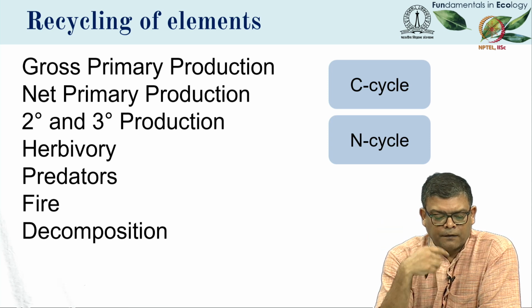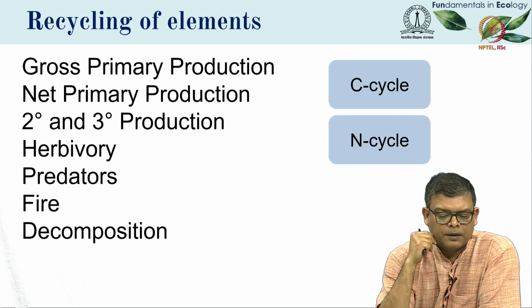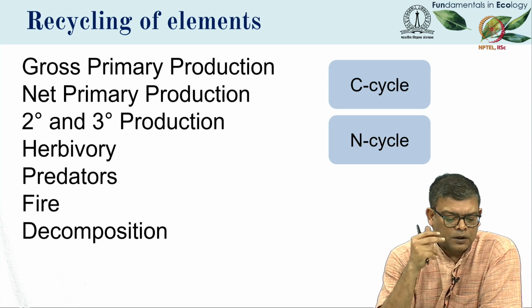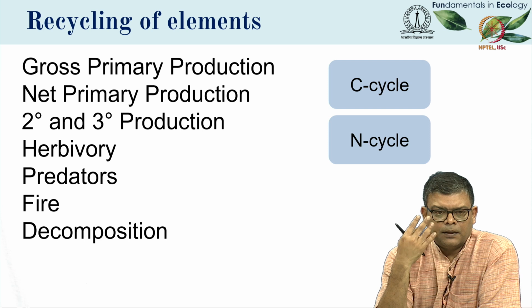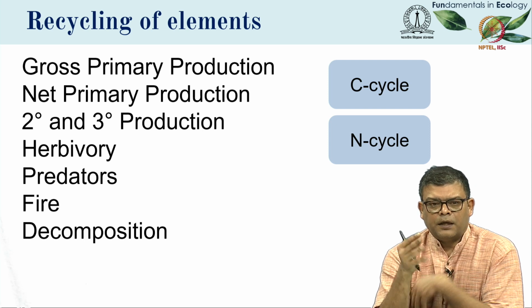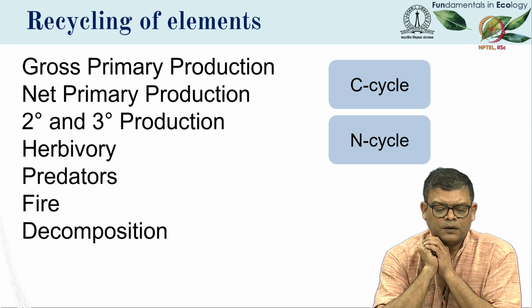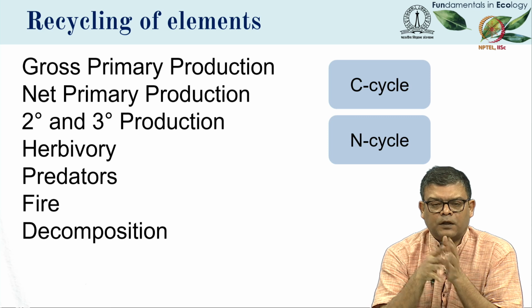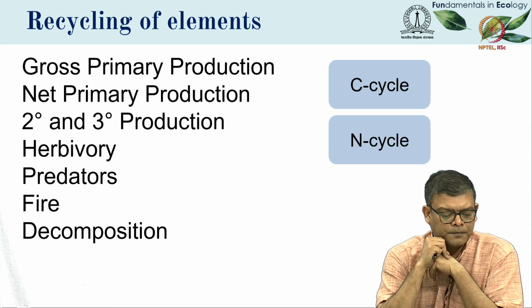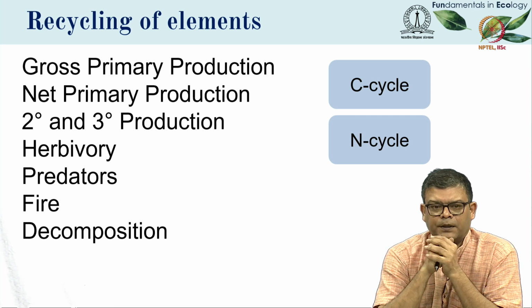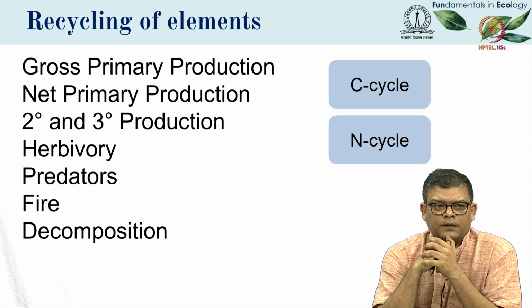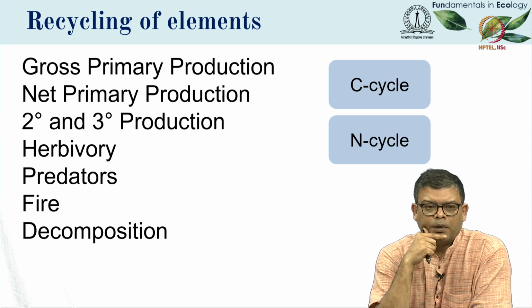Sometimes you can have longer food chains in places such as the ocean. So herbivores and predators consume the plants and make a dent in how much biomass remains as plant matter versus how much is passed on into other forms. What is left over, especially in an annual seasonal cycle, is often burnt by fire.